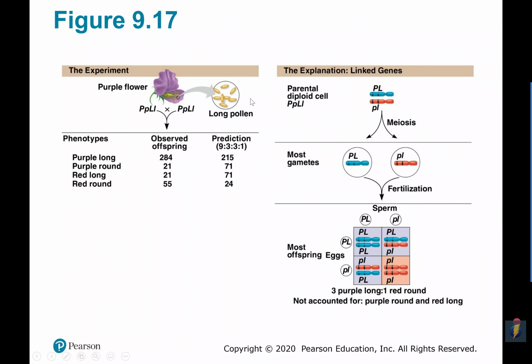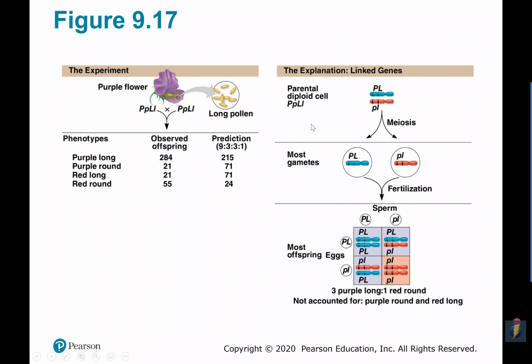So for example, here we have a purple flower with long pollen. And they ended up with very different ratios. This was the predicted ratio, but you can see they had way more observed offspring that were purple long, and significantly less of the purple round and the red long, and significantly more than the red round, the one that you would expect to be the least abundant, the homozygous recessive.